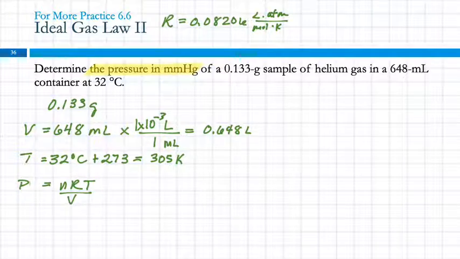Can we convert grams to moles? Sure we can. This is helium. Where do we find the molar mass? Periodic table. So I want moles on top, and I want grams on the bottom. 1 mole of helium weighs 4.003 grams. And that's a small number, but that's okay.